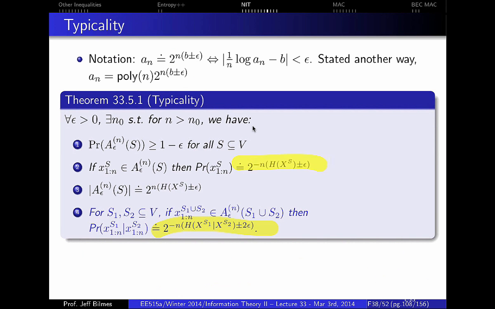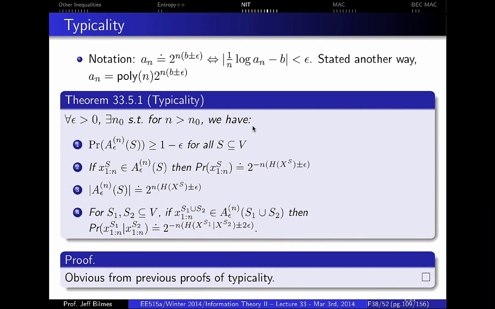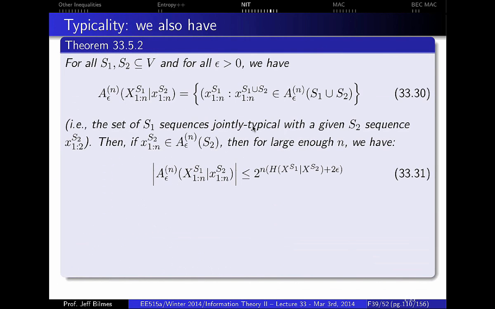So that's not too surprising. In fact, these are easily provable using the stuff we've already done, so there's no point in proving all that. It's just the weak law of large numbers applied again, and it's a straightforward generalization of what we saw for channel capacity.